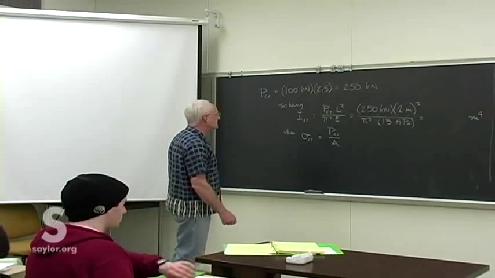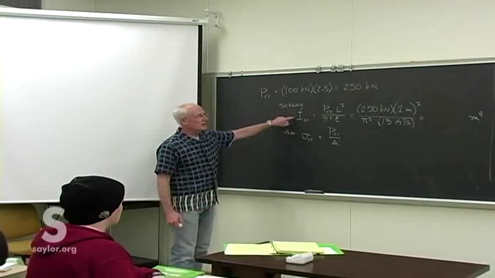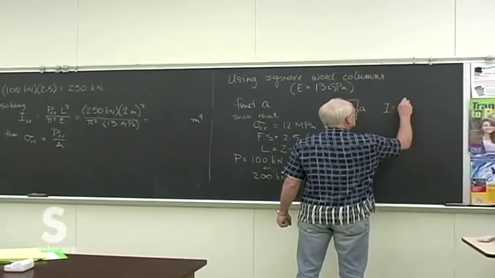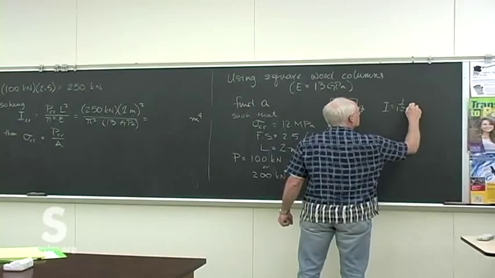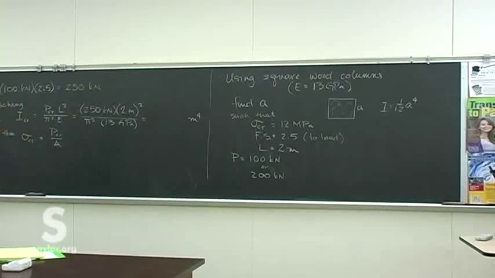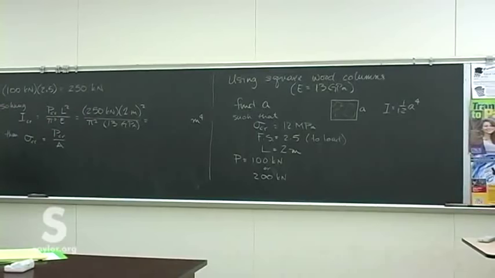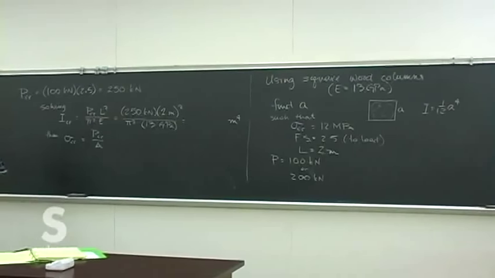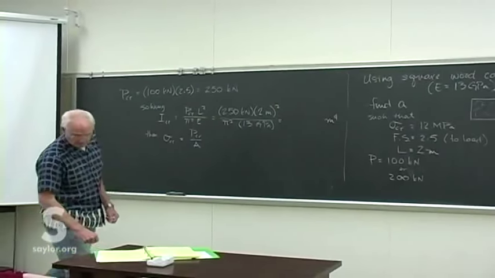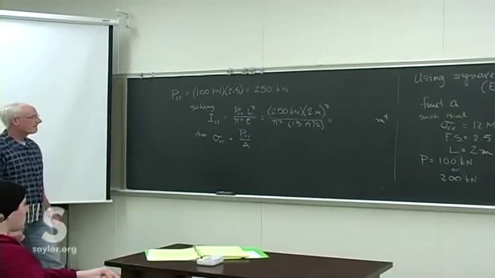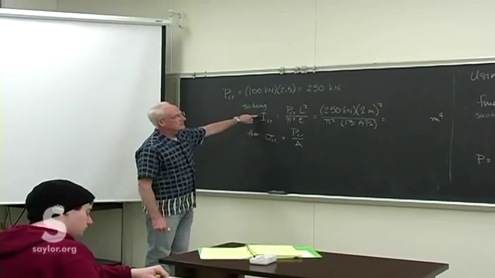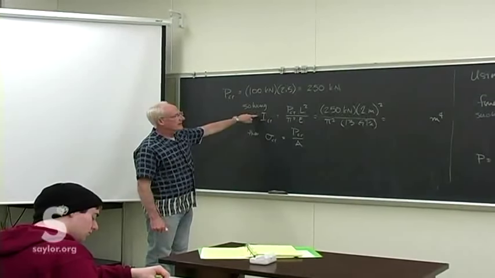So we've got all those pieces. Don't forget, for a square shape like this, the moment of area is 1/12 a to the fourth, and down here the area, of course, would be a squared. So we can solve for a critical moment of area.